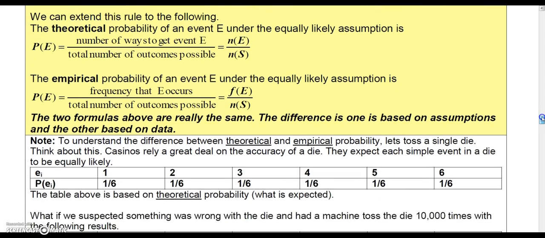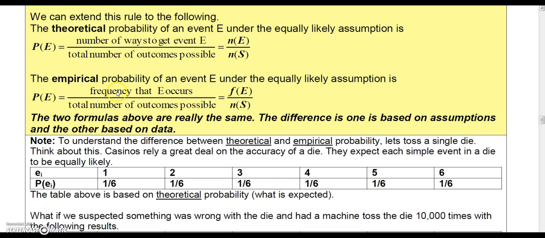Now this also works in the empirical case, but it's stated just a little bit differently. An empirical case is where you perform an experiment many times. So under the equally likely assumption in an experiment, like if we were tossing a thumbtack, and we wanted to know the probability that the thumbtack landed point down, we would record the number of times that the thumbtack landed point down, and then divide it by the total number of times that we tossed the thumbtack.